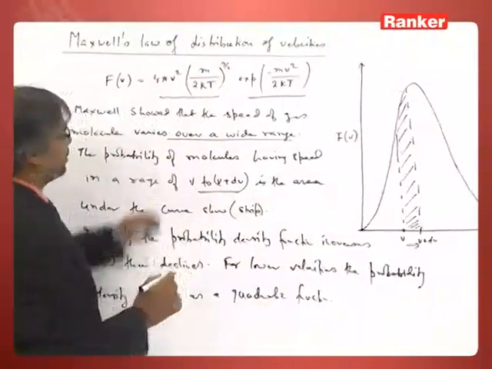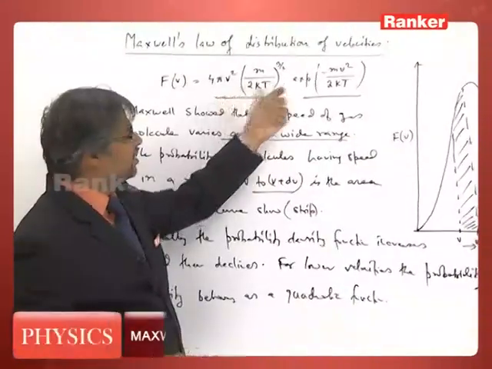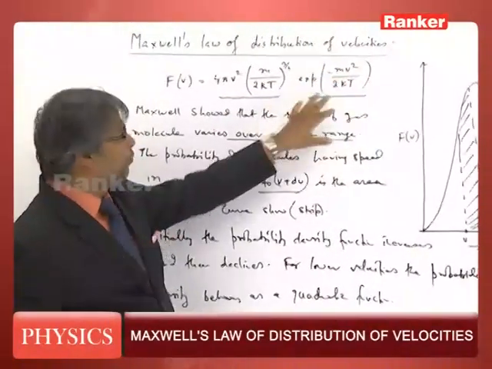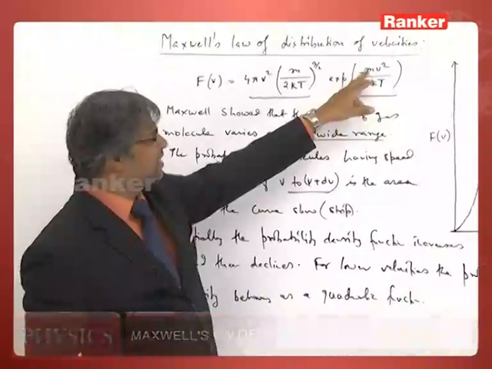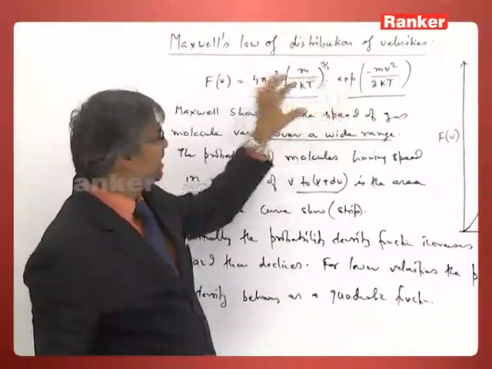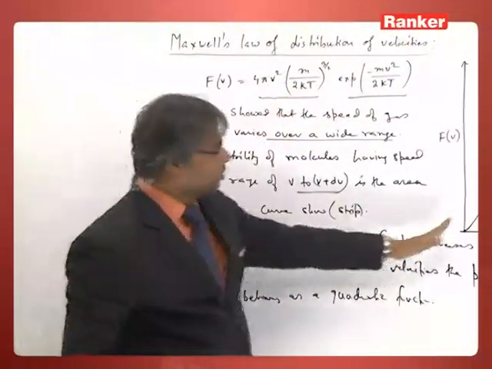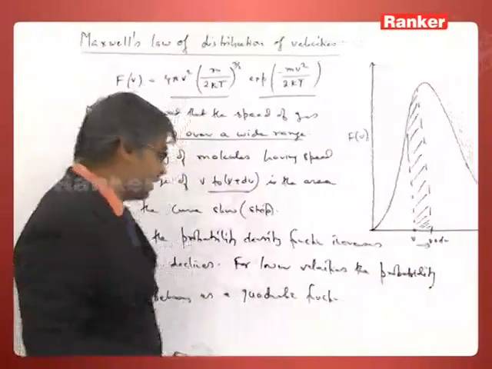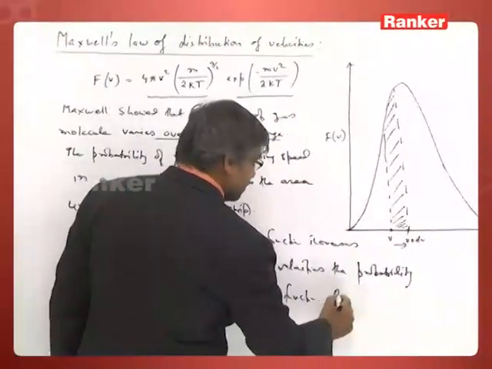That is, the first term dominates the exponential term for lower velocity. So when velocity is less, this term does not dominate, this term is dominating. So this is a quadratic curve initially.